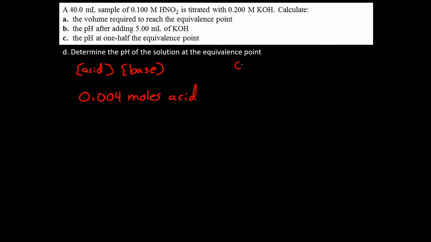So, let's see, 5 mils would be that many liters. And we know that for every 1 liter, we have 0.2 moles.